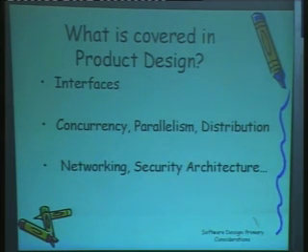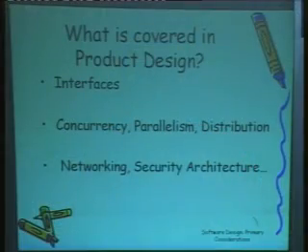What about your networking? How are you going to network your system? What are the protocols that you are going to follow? The physical and the logical layers. What is the security architecture? These are all very important aspects. Apart from the very core functionality of the software, these are also important. So you have to design for all types of requirements of the software, the functional and the non-functional requirements.